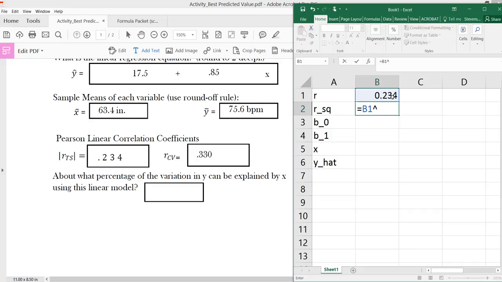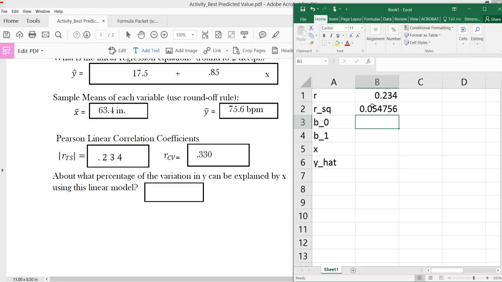And then I'm clicking on the cell where I've entered my linear correlation coefficient, column B, row 1, and I've clicked on that to refer to it rather than typing in 0.234. I can actually type in 0.234 and then raise it to the power of 2 and get my answer.